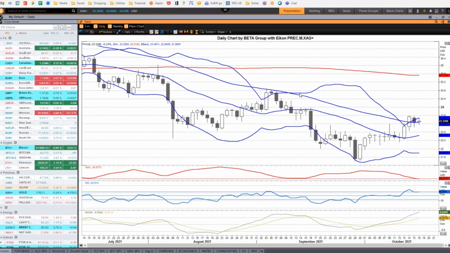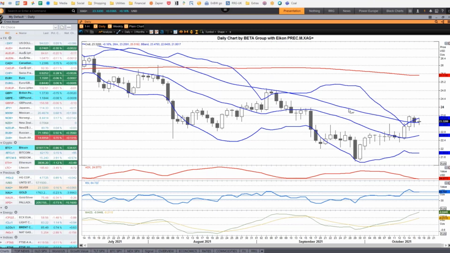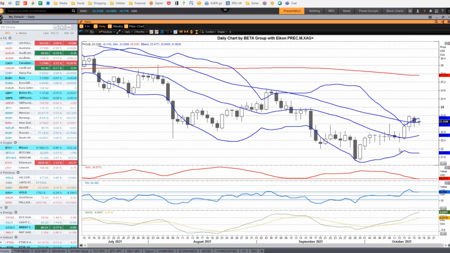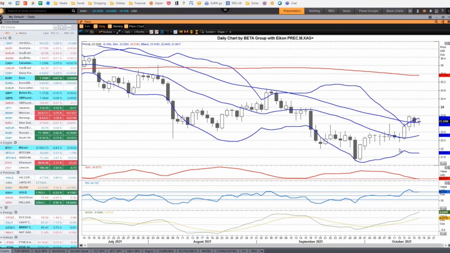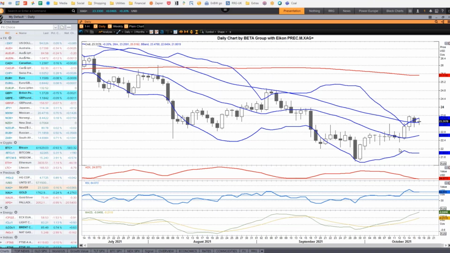The resistance up to 2480 is not that strong, and we've got the expanding Bollinger Bands here after a squeeze, which indicates an increase in volatility in the market, strength in the market. The RSI is strong, the MACD is strong, and this looks like it could push further up.